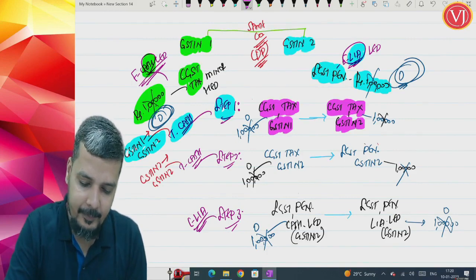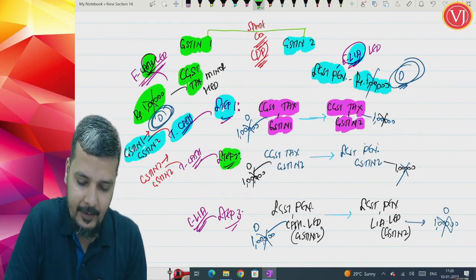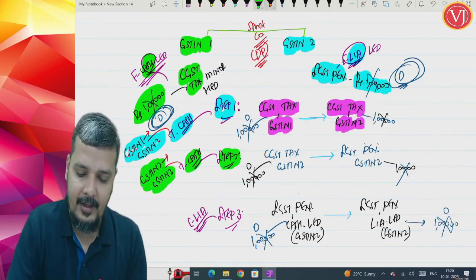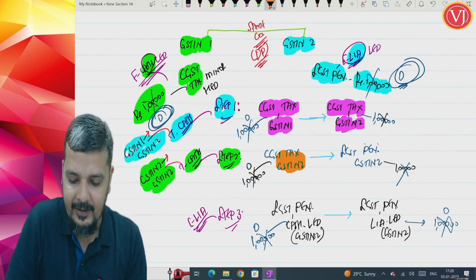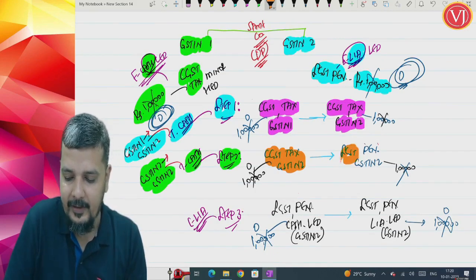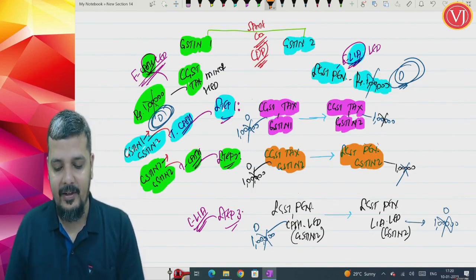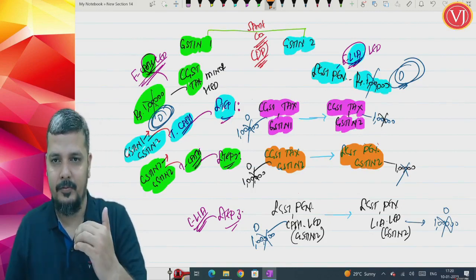Then the second step would be transfer of cash ledger between the same GST number. When it is between the same GST number, you can transfer it from CGST tax GST number 2 to SGST penalty GST number 2. Now your CGST tax in GST number 2 will become 0.